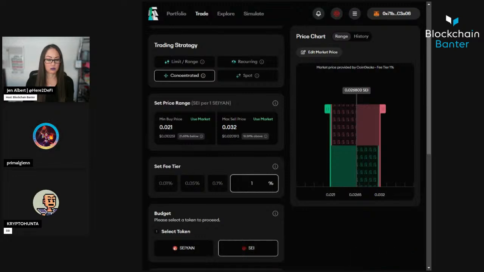So let's say if you were providing $100 worth of liquidity, and let's say you're providing liquidity from 0 to 100, right? Roughly, in every $1 price point, you have $1 worth of liquidity. But now, let's say you're providing liquidity between $0 and $50, and you're still essentially providing $100 worth of liquidity.